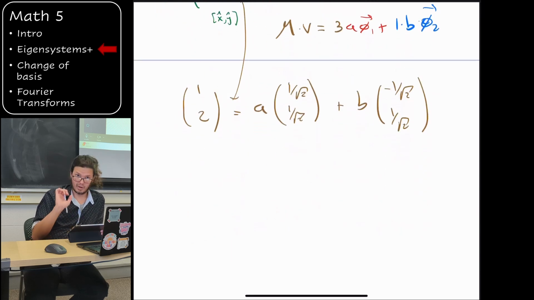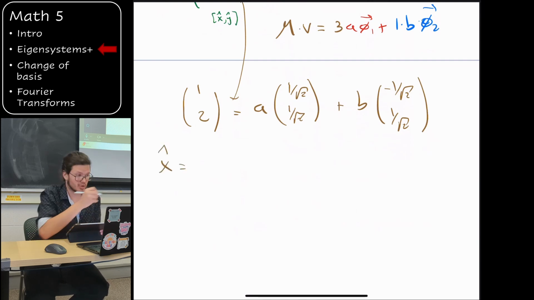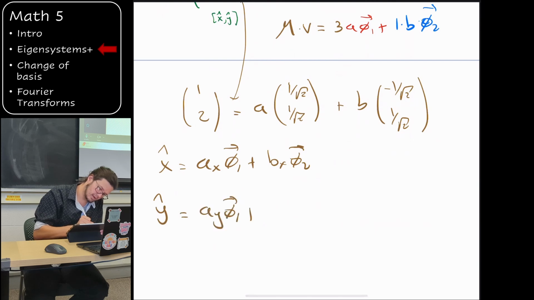I'm going to suggest a different one that will help for any such situations. Can you find a way of writing x hat as a linear superposition? I'm going to write it in this way: ax phi 1 plus bx phi 2, and write y hat as ay phi 1 plus by phi 2.